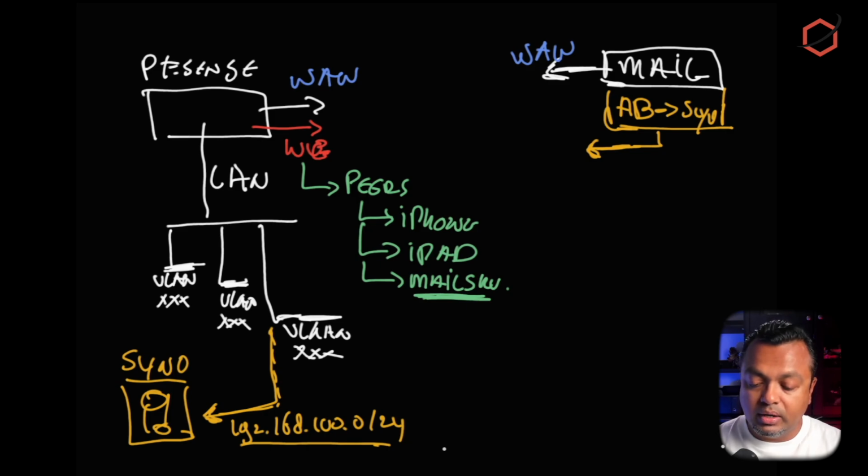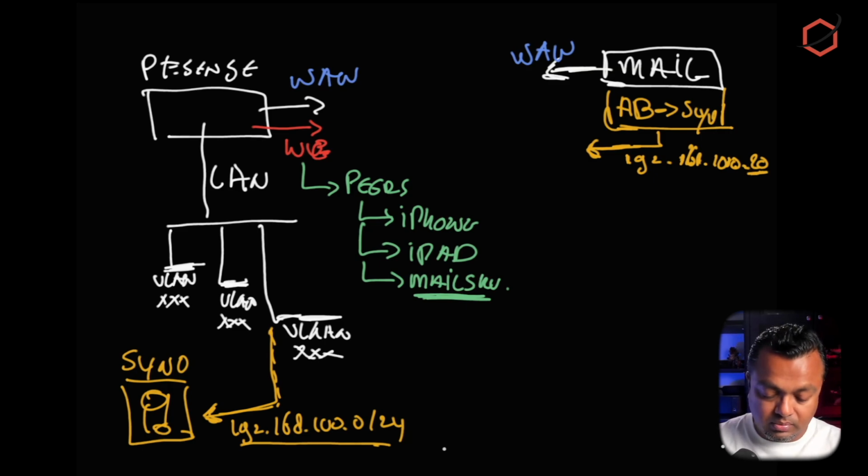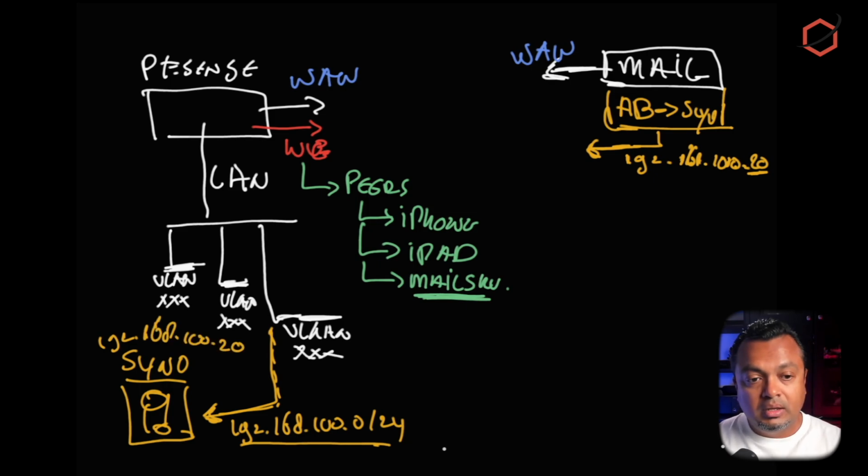All right, so Active Backup wants to connect to an IP address of 192.168.100.20, so to speak. This is the IP address of my Synology here, 192.168.100.20. All right, how do we do that? Of course, I installed WireGuard here as well.